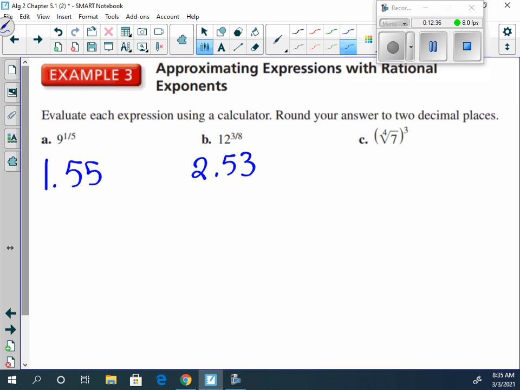And last but not least, the 4th root of 7 to the 3rd. 4.30. And then I assume the next number is less than 5.